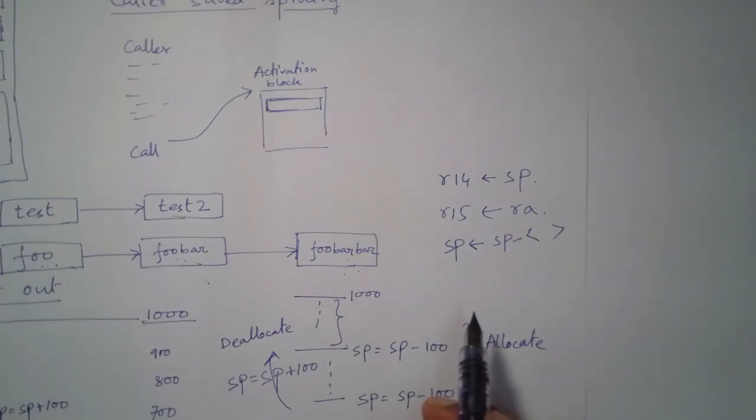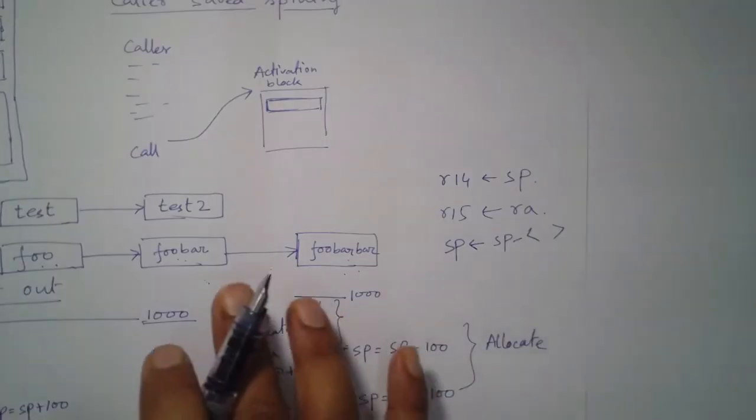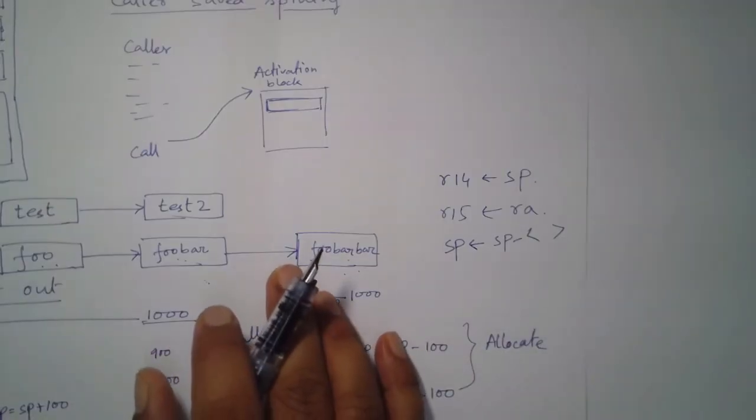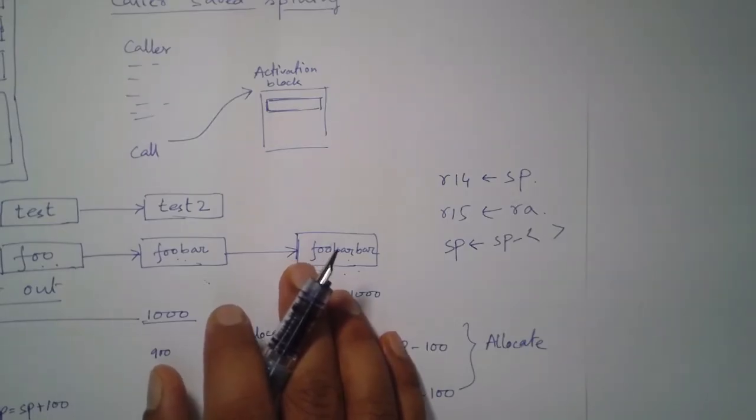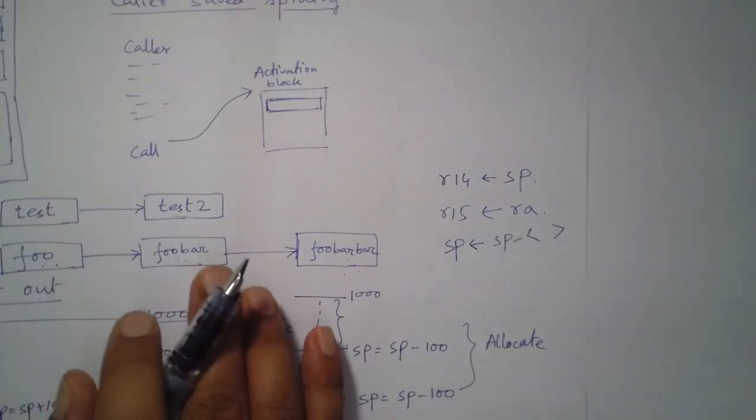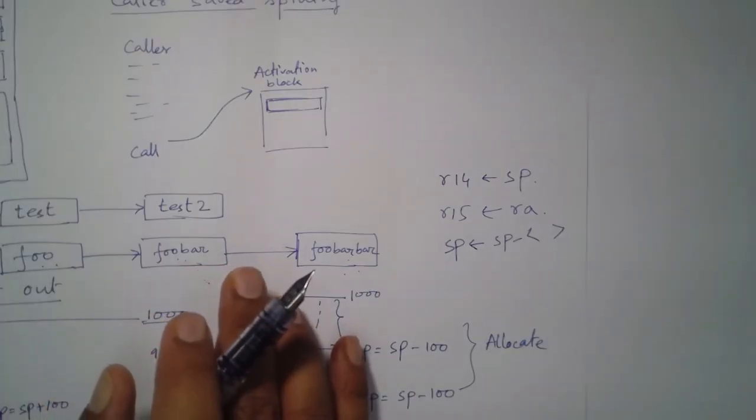So what has this stack solved? It has solved the space problem. You can now pass on as many parameters as required in the activation block. It has also solved the overwrite problem, because activation blocks are non-overlapping, so no overlap is possible.